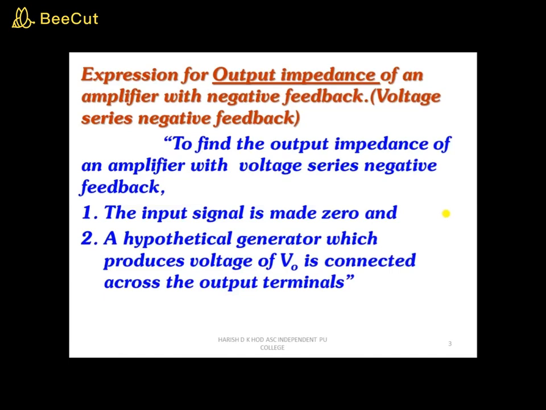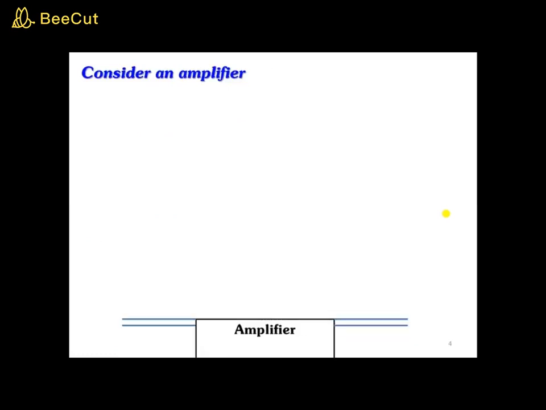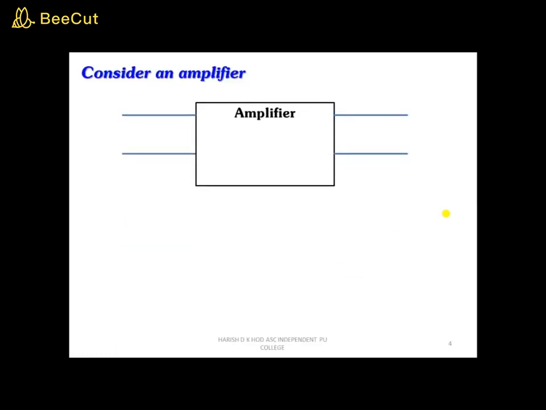So let's proceed. Let us consider an amplifier which contains a pair of input terminals and a pair of output terminals. For this amplifier, by using a source Vs, if I apply an input voltage Vi, definitely it will amplify that input voltage and it gives the output voltage as VO.